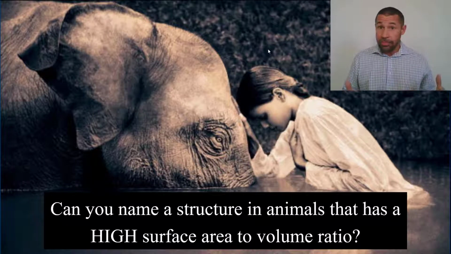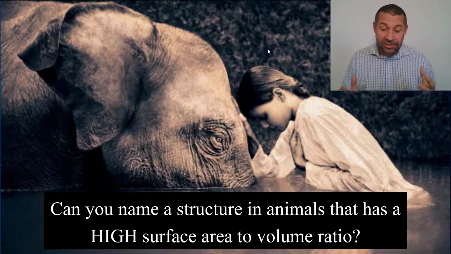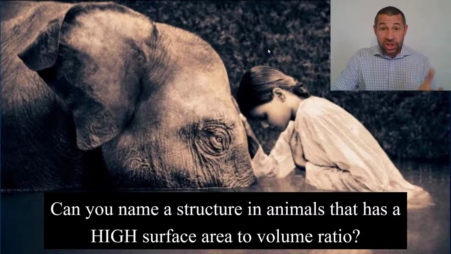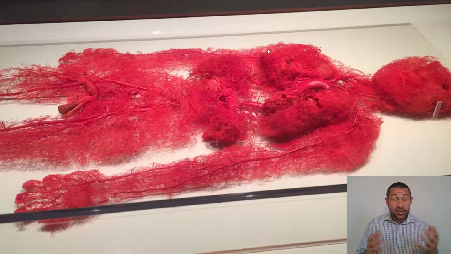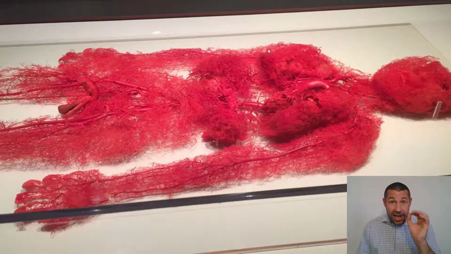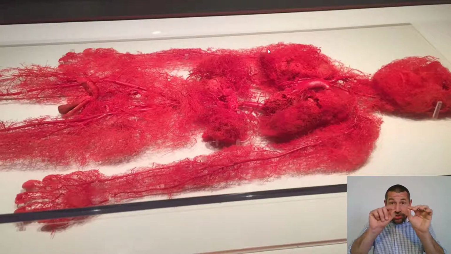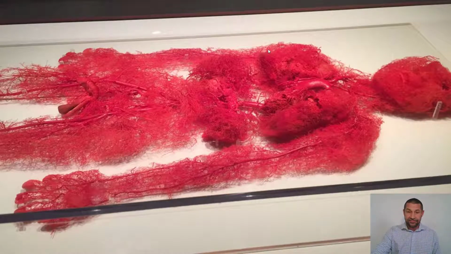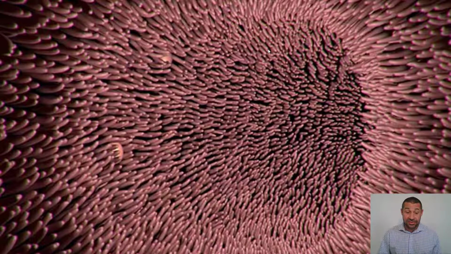Animals, of course, operate in the same world as plants, subject to the same laws of physics. Thus, we also see high surface area to volume ratios in several organ systems in animals, organ systems that evolved to exchange materials, like the circulatory system, which has these tiny vessels called capillaries with walls that are just one cell thick to facilitate gas exchange, as well as in the digestive system.